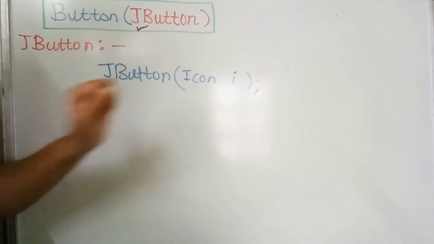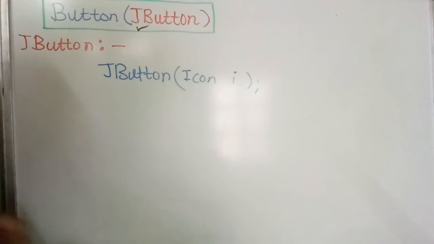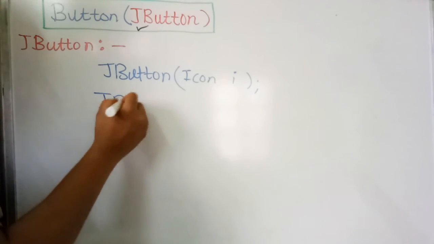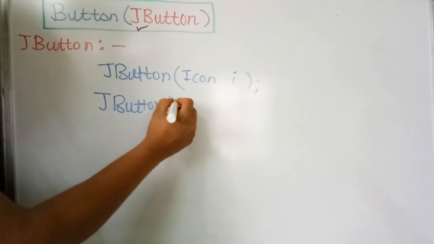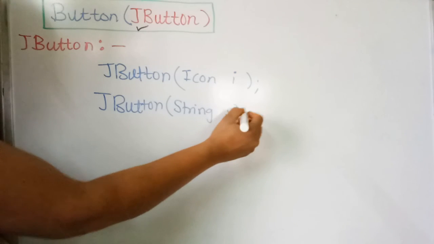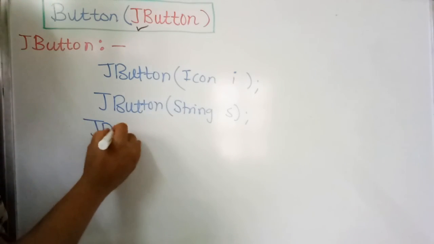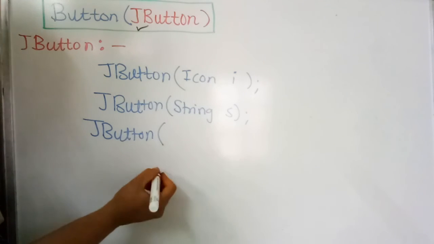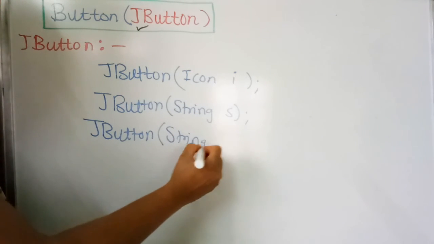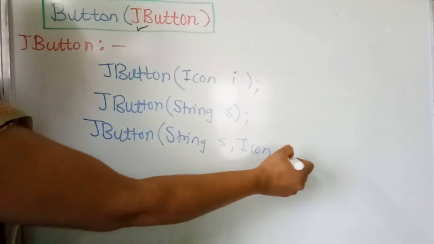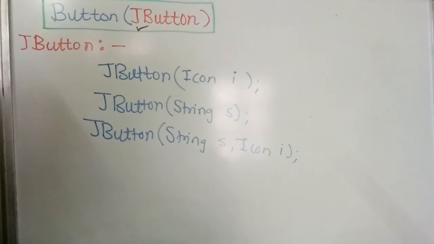You can apply special information with this button also. Then you can apply both, a string and an icon, like string type S, icon type I. These are all the different features associated with the JButton class.